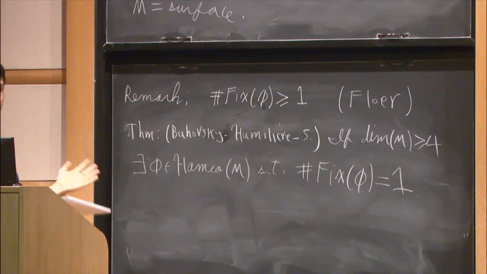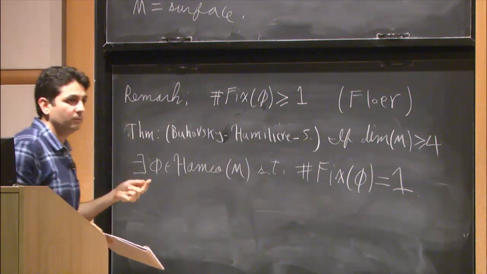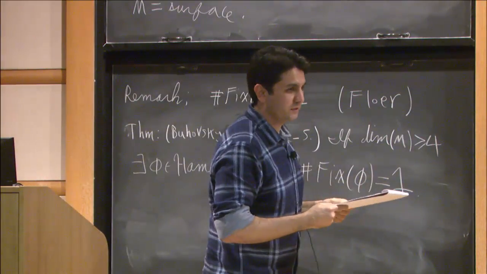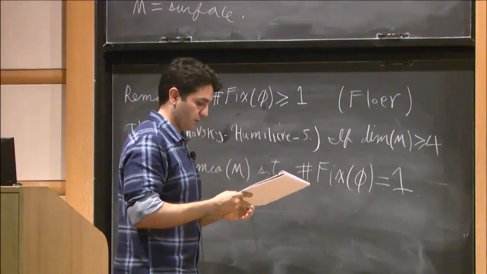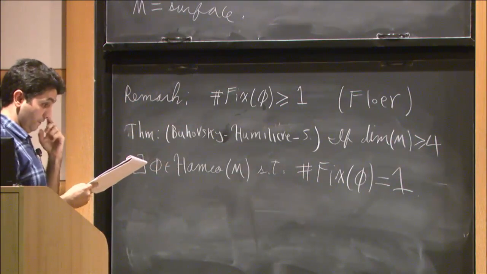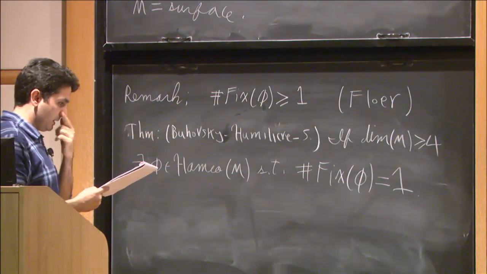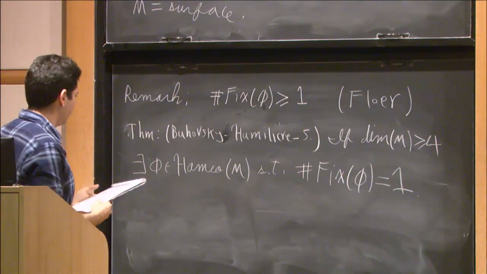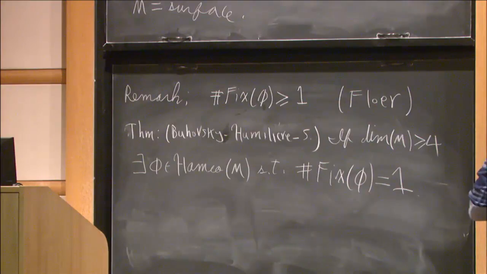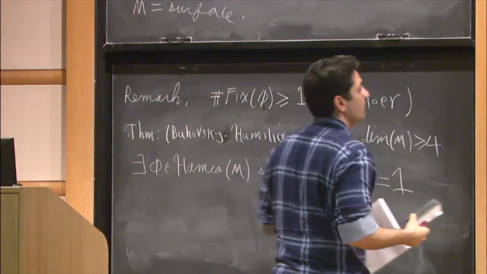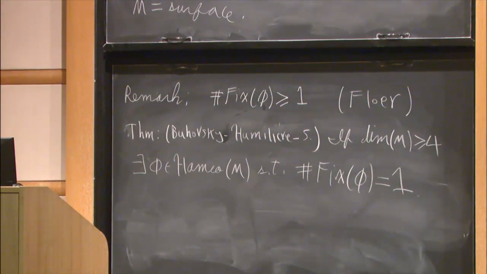Well, whatever that's going to be, there's a max and a min, so there's always at least 2. So it seems, at least at this stage, like there is no hope of rescuing the Arnold conjecture. There's more to the statement of the theorem. The situation looks bad, but actually you'll see that it gets even worse.